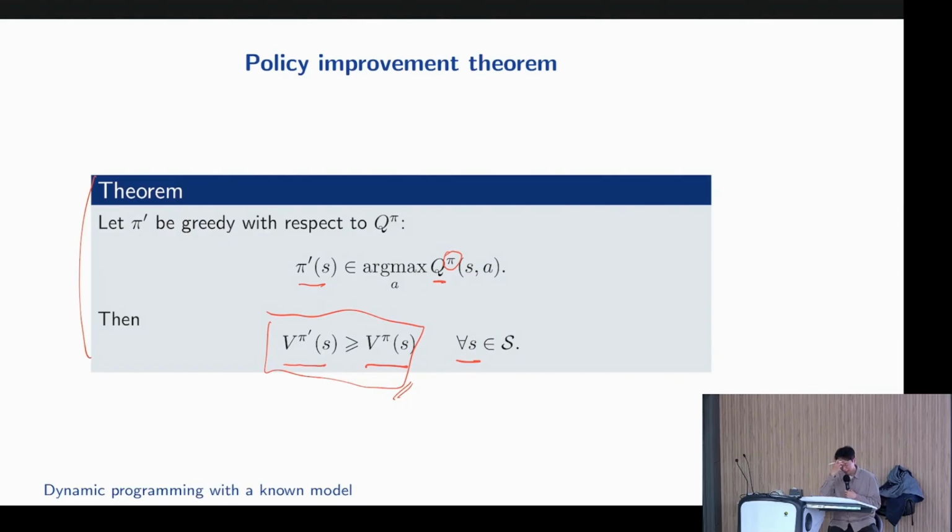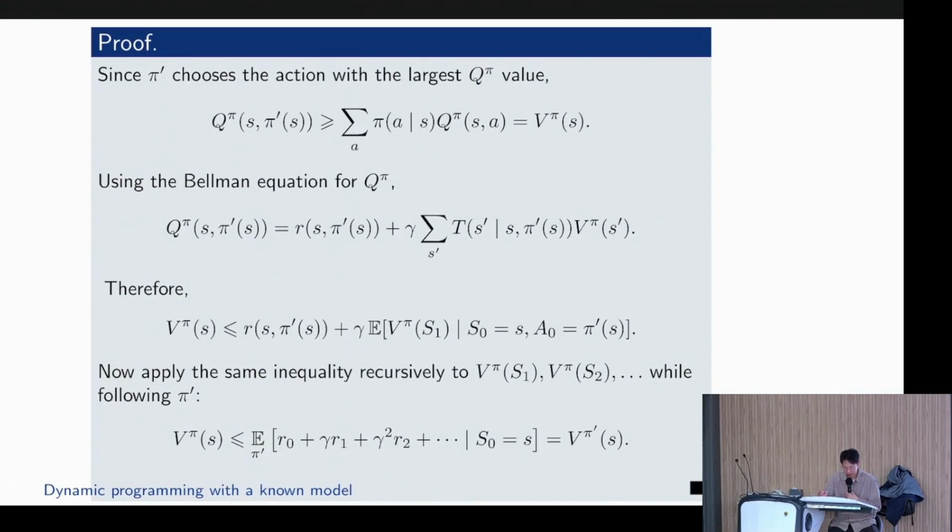So pi prime is the greedy policy that acts greedily according to the currently given Q pi. Then the value V pi prime for all states is greater than or equal to the value of V pi. That's the policy improvement theorem. So pi prime acts greedily according to Q pi.